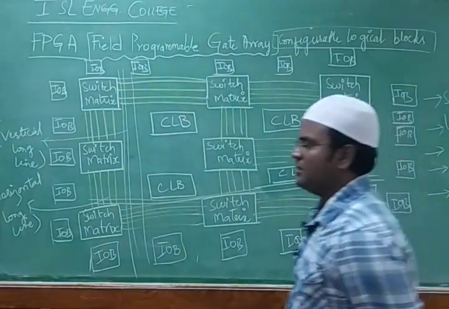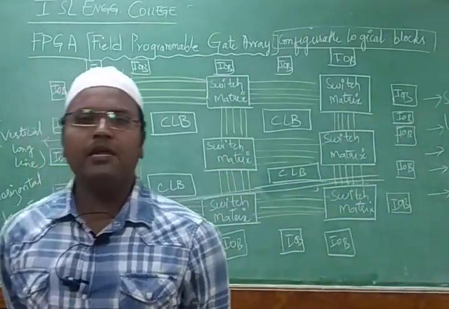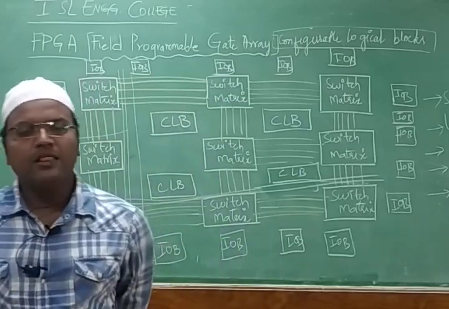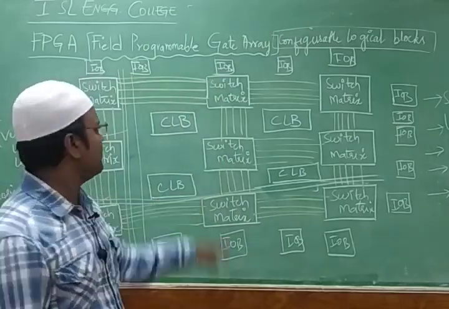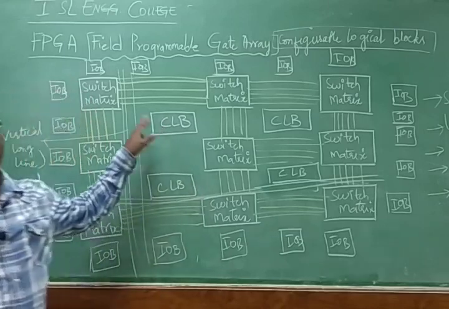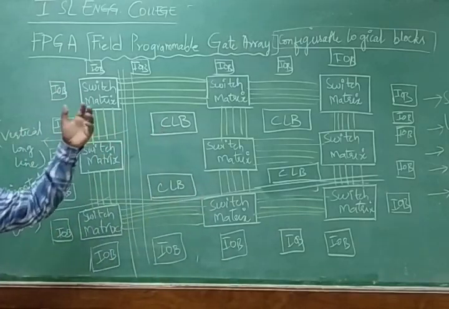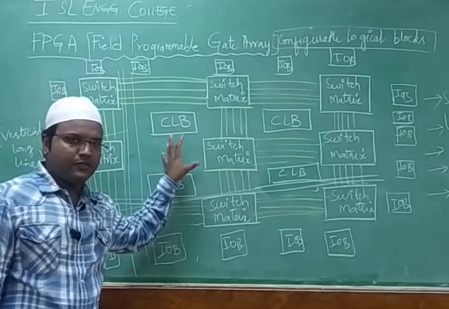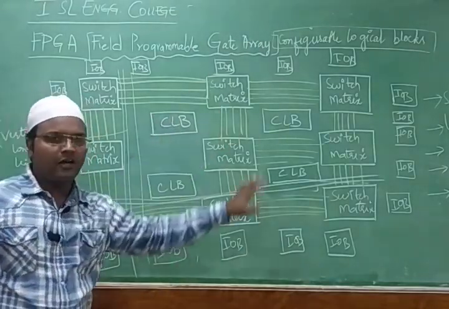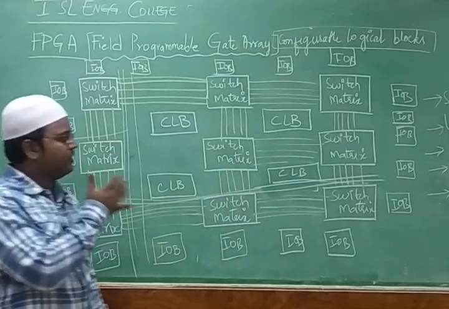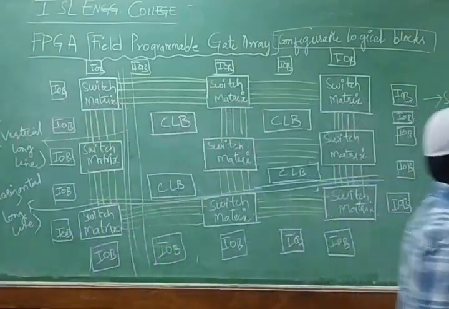What I said just now: when you want to write for any particular configurable devices, that can be done by using these CLBs, because CLB is nothing but configuring. Configuring means you have different versions of configurable devices. Out of that, which configurable device is going to be suitable to design this FPGA architecture, that is going to deal with the CLB.